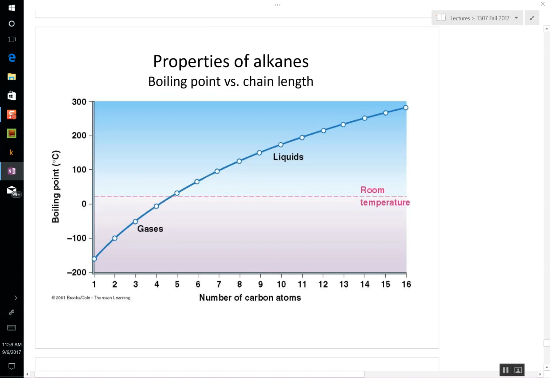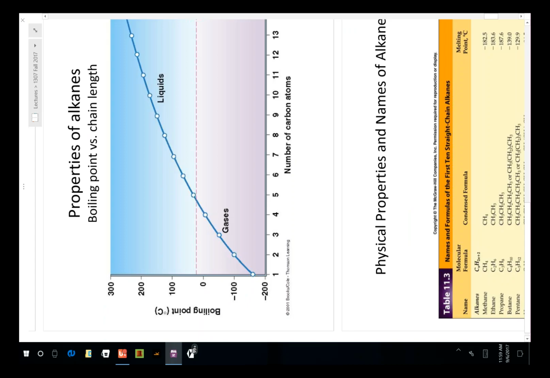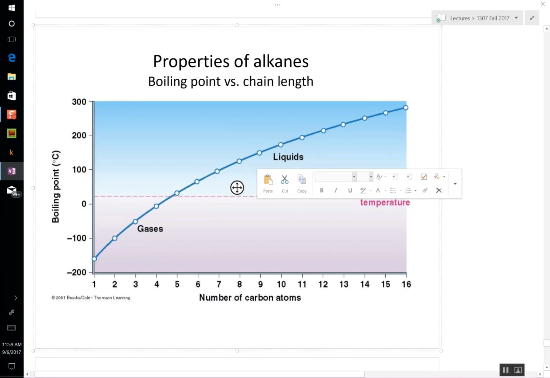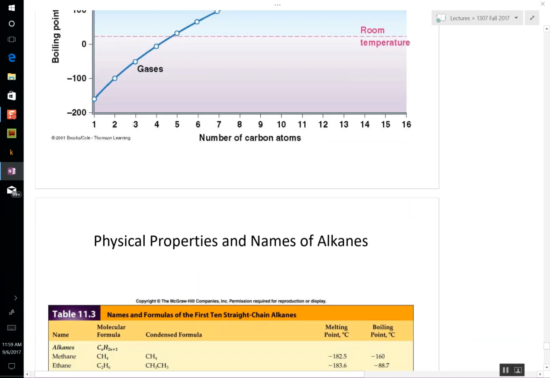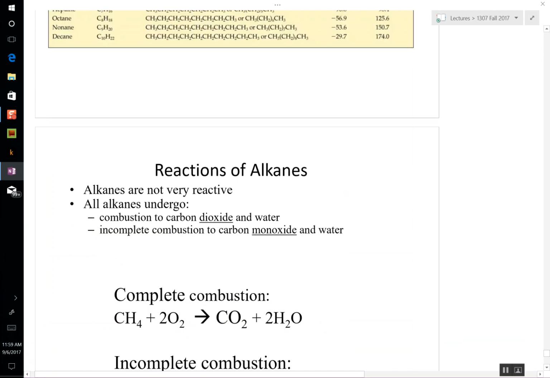It's a gas. So anything with a boiling point below room temperature is a gas at room temperature. And now pentane, hexane, octane, we're starting to get into liquids. Okay, reactions.